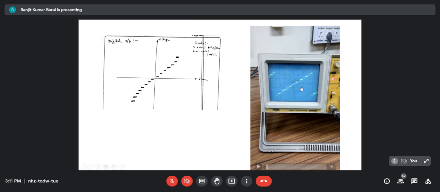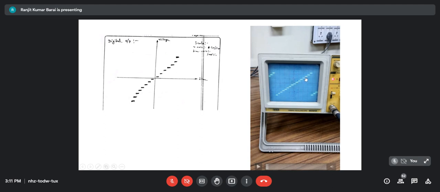And here, look, after D to A conversion, the output is not continuous; it is discrete in amplitude. So the output from a D to A converter is quantized in time and quantized in amplitude. So they will appear as dots. In a storage oscilloscope you will find dots.